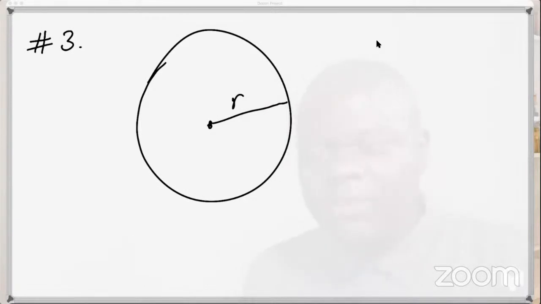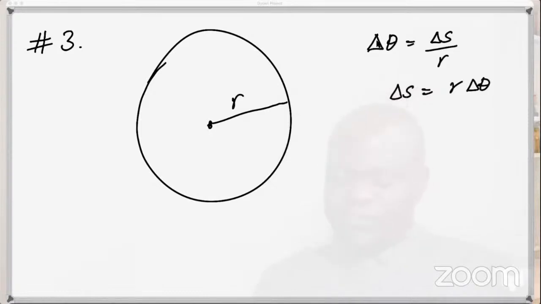So what you said, delta theta equals delta S over R. So that means delta S equals to what? Delta S will be your arc length, I think. Okay. So delta S will be R times the rotational angle, right? Yes. Okay.